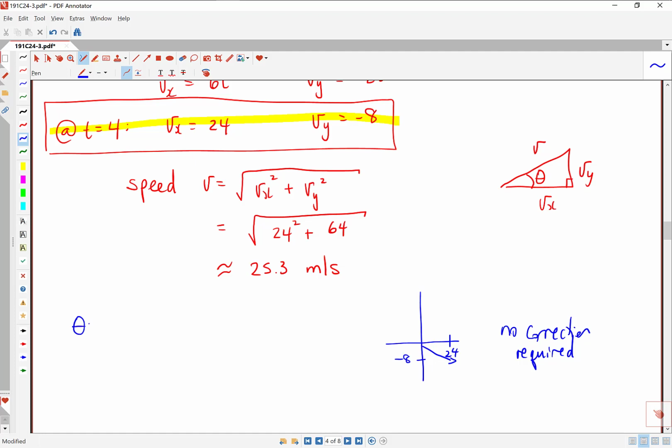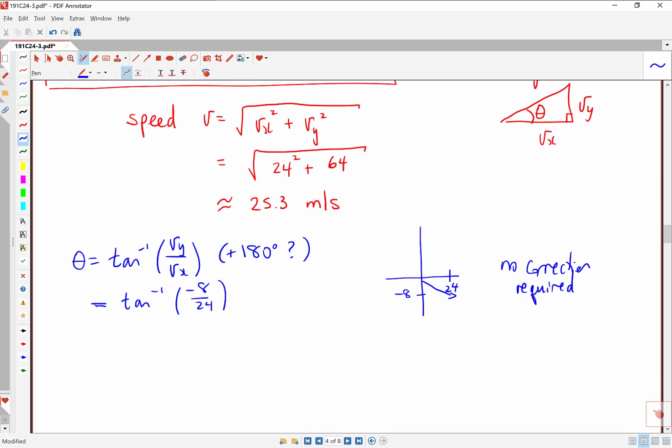Okay, so we can say theta is arctan of v sub y over v sub x. In general, we would say plus possibly 180 degrees. We've decided that nope, we don't need to do that here. So our angle is going to be arctan of negative 8 divided by 24, no correction required.